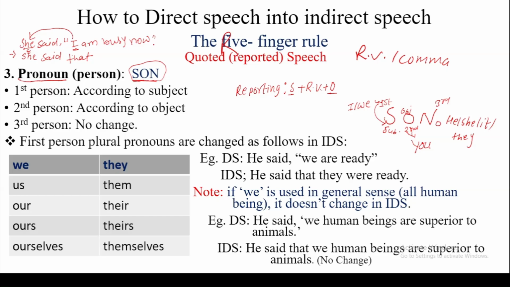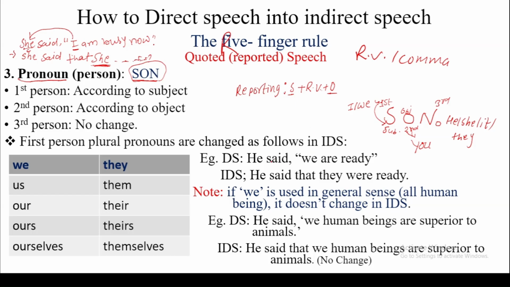So the I will be changed to the subjective case of she, which is she. So this is the change of pronoun. We have to keep this in mind, and we don't have another pronoun in this sentence. For the other rules we will discuss another example.